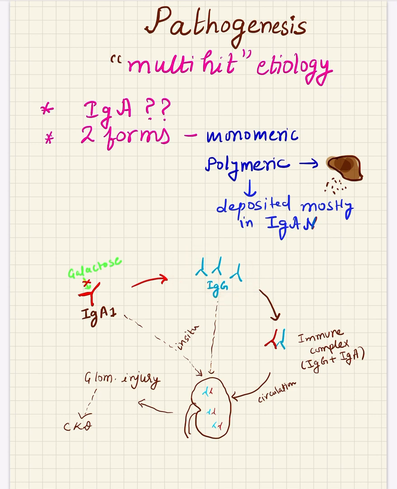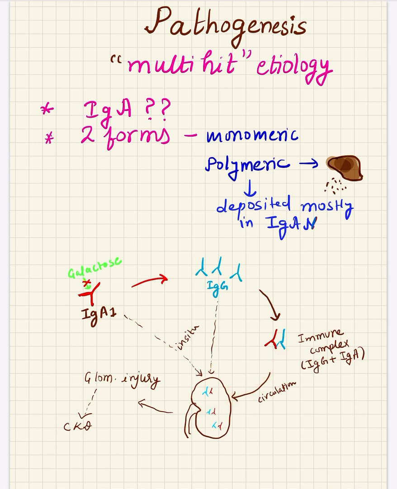These antigens can directly get planted in the mesangium, and in situ immune complexes can later be formed, or there can be formation of circulating immune complexes with IgA1 and IgG, and these complexes later get deposited in the kidney.